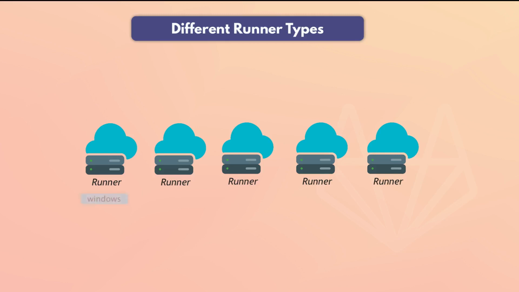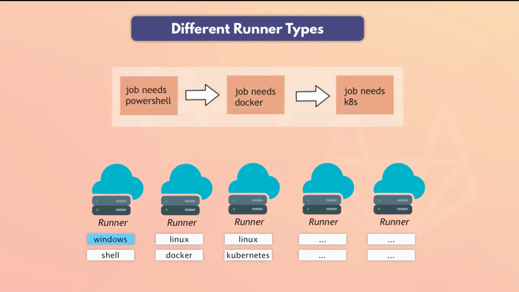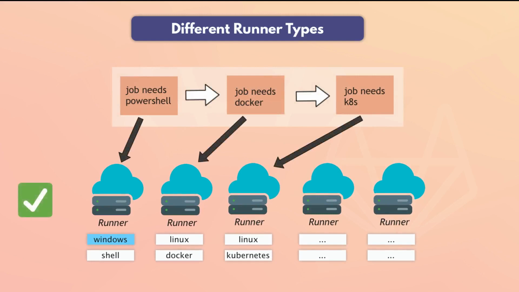For example, we may have a Windows runner with a shell executor, another Linux runner with a Docker executor, and some other runners with a Kubernetes executor. And if we have a job that needs to execute on a Windows machine or in a Kubernetes cluster, etc., we can send that job exactly to the runner that has everything configured for that. So this gives you a flexibility of how you can execute your jobs.